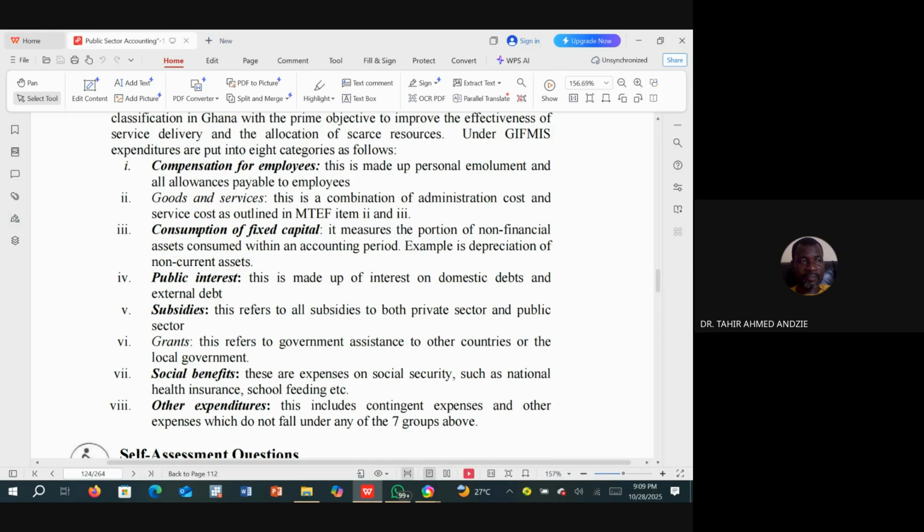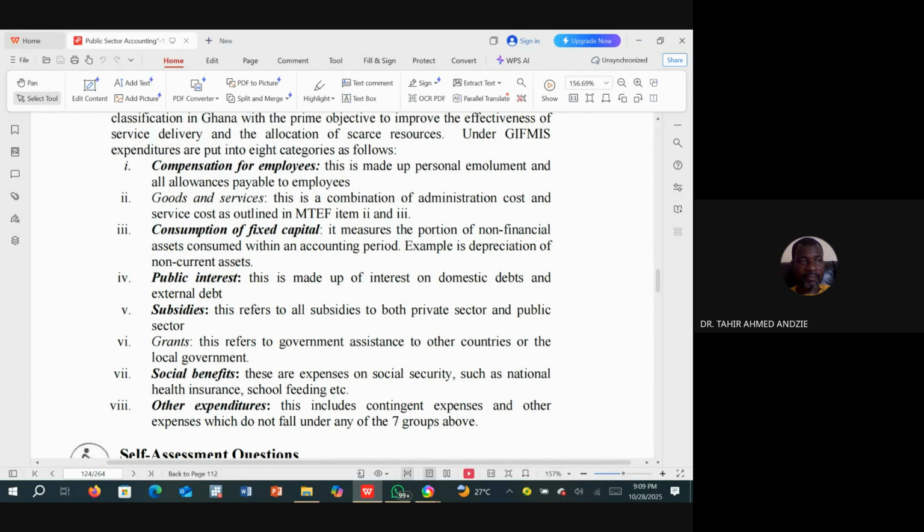Then we have consumption of fixed capital. So consumption of fixed capital here, it measures the portions of non-current asset. And when we talk of non-current asset, I know what you mean by non-current asset. Asset that will be in use of the organization for more than one accounting period.